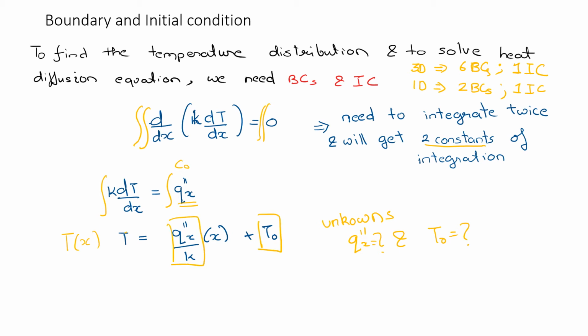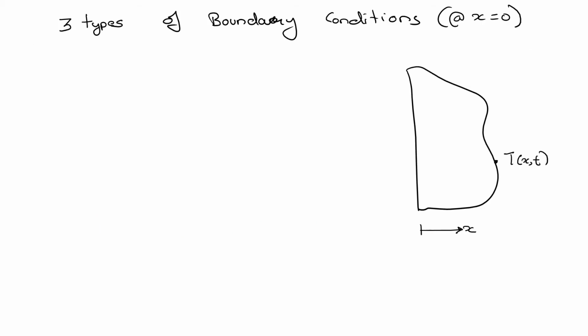And how will you get the values of these constants? By applying the appropriate boundary conditions. As I said, there are three types of boundary conditions that you can have based on the problem that you are solving.